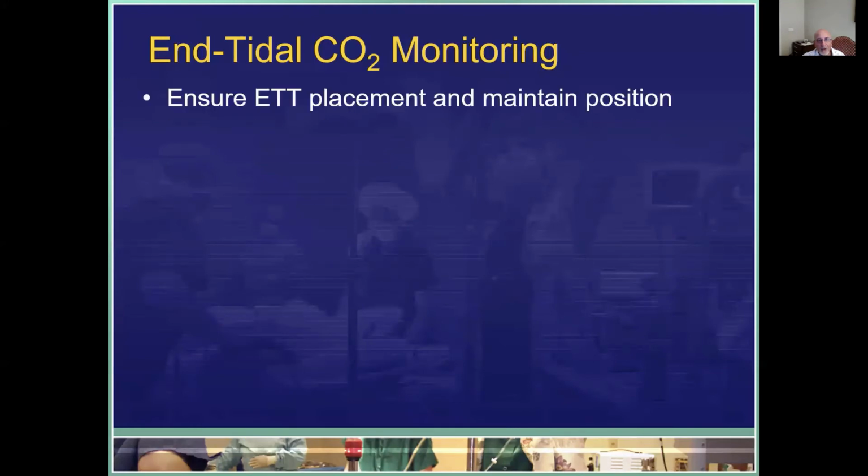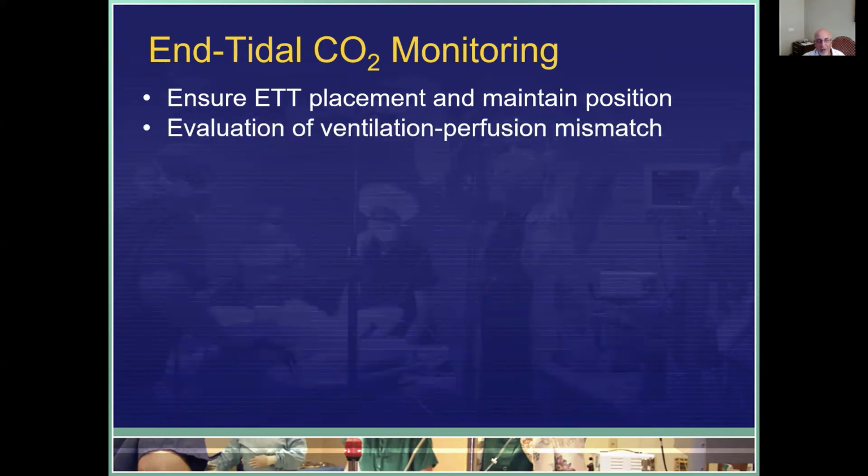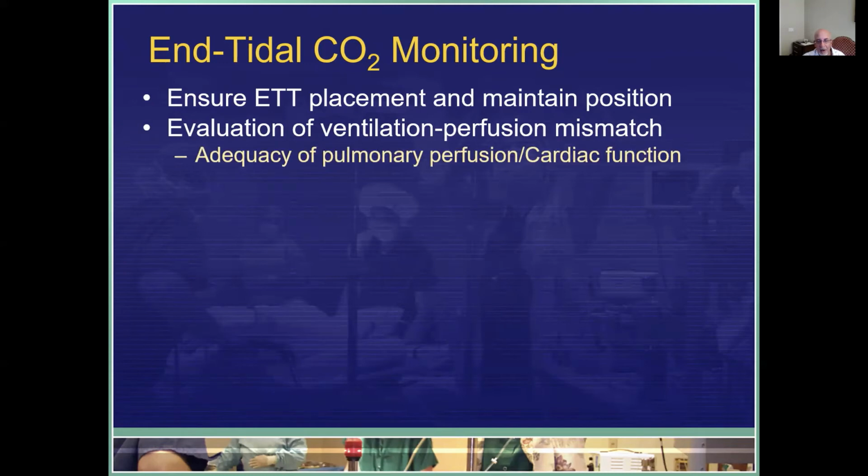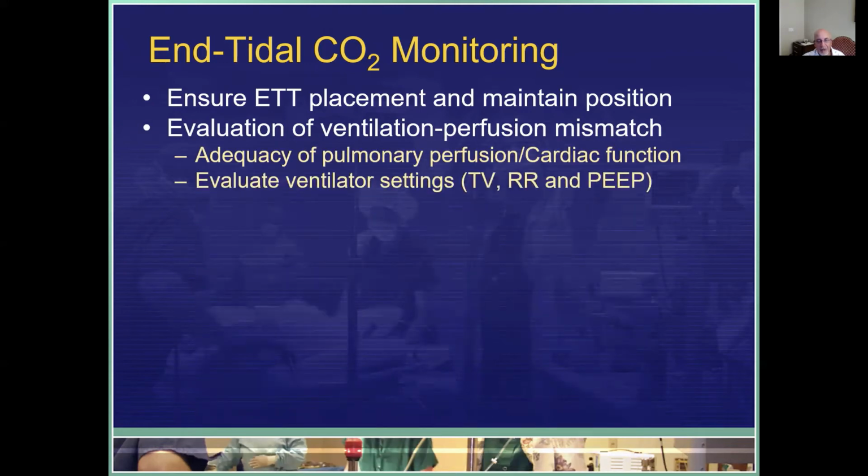So end-tidal CO2 is very useful in determining endotracheal tube placement and maintaining correct position of the endotracheal tube, and monitoring for dislodgement, evaluation of adequate ventilation and perfusion, and detecting dead space. Also, it tells you about the pulmonary perfusion and cardiac output, especially when it is used in combination with an echocardiogram at the bedside.